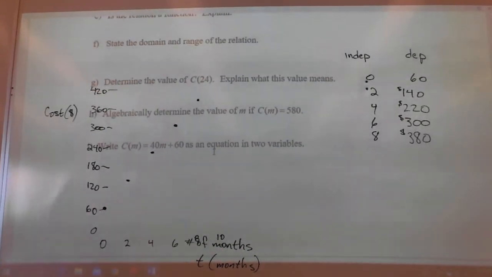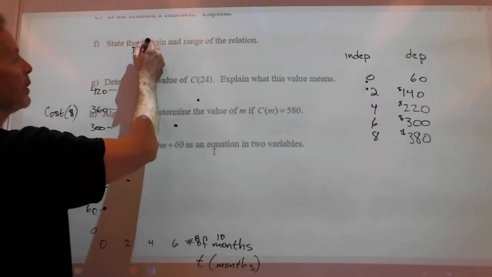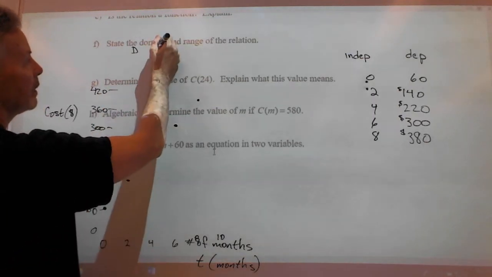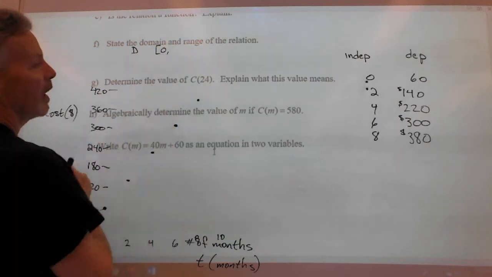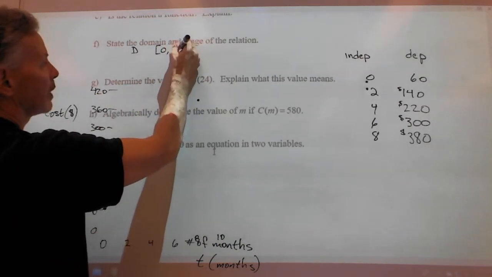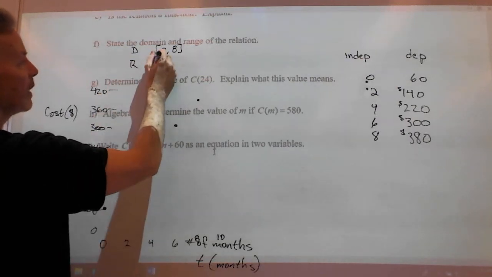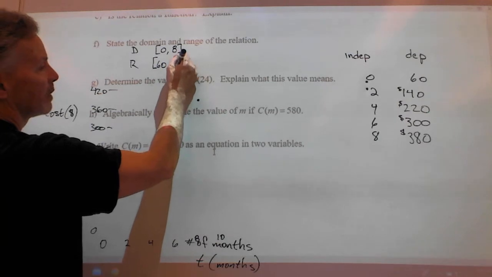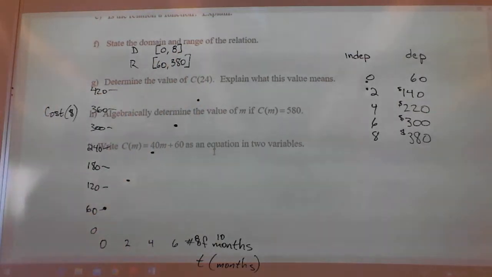So our domain, and I'm just going to use interval notation because I'm feeling lazy, the lowest domain value is 0 months. The highest domain value is at 8 months. For your range, the lowest range value is at $60 and the highest at $380. Okay?